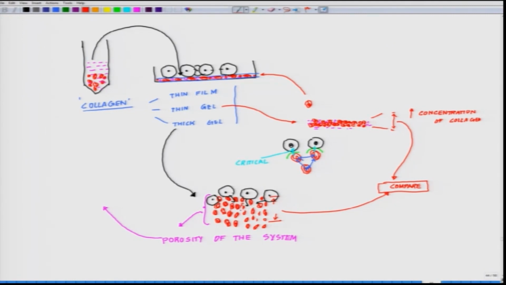These spaces which are there, put another color, that will make more sense. They cannot penetrate into this surface. Now what you can do is, you can change the porosity of these molecules.